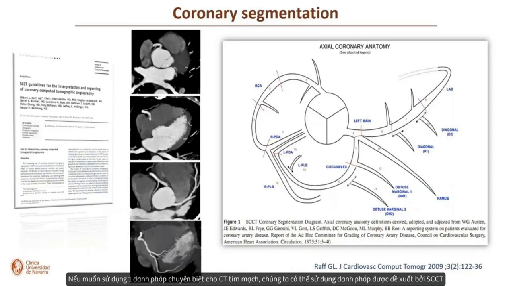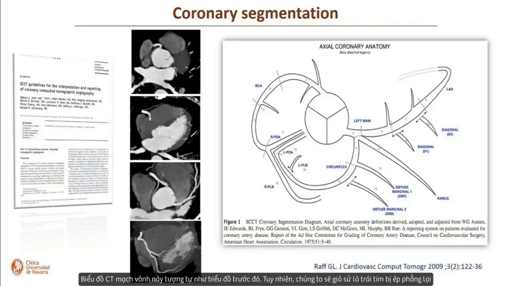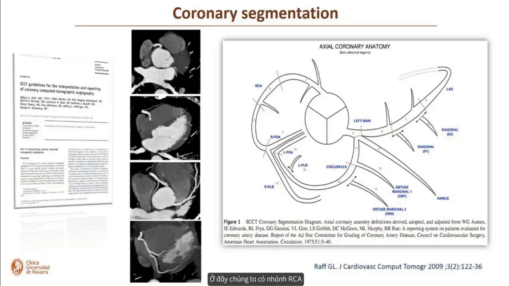If we want to use a specific nomenclature for cardiac CT, we can use this one proposed by the Society of Cardiac Computed Tomography. This SCCT coronary segmentation diagram is very similar to the other one, but what we need to know is that it is as if we were compressing the heart. So here you've got the RCA, you've got the left main here, and you've got the LAD here, and the circumflex artery here.